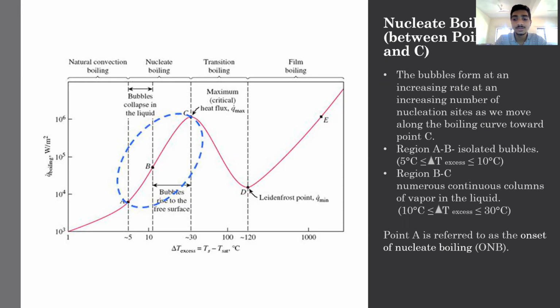In region B to C, there are numerous continuous columns of vapor in the liquid, where 10 degrees Celsius is less than or equal to delta T excess, which is less than or equal to 30 degrees Celsius. Point A is referred to as the onset of nucleate boiling, also called ONB.